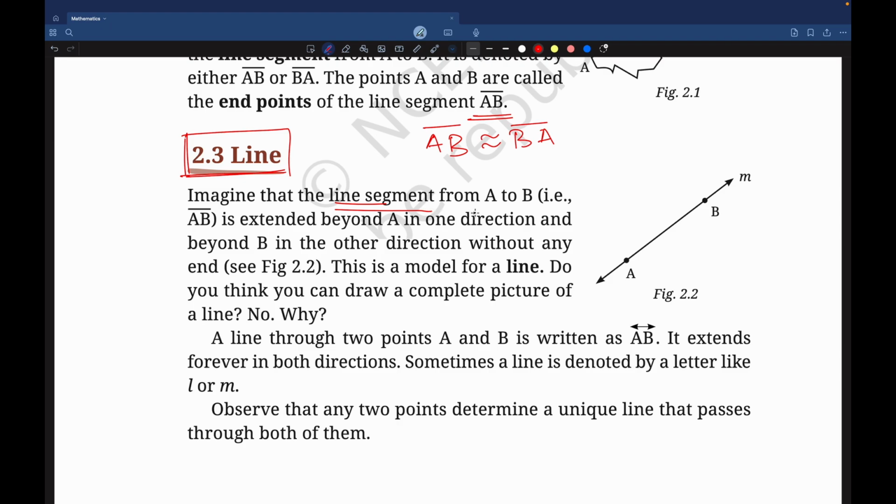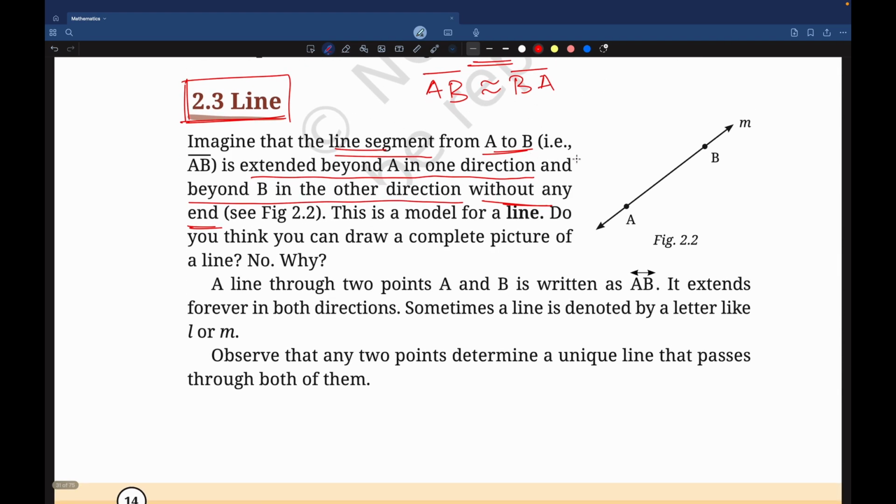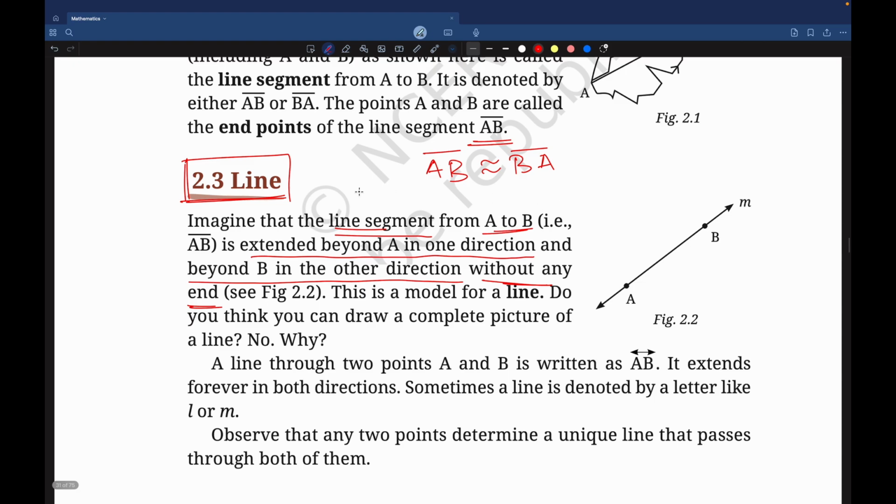It is a line segment A to B extended beyond A in one direction and beyond B in the other direction without any ends. Line is represented by AB and an arrow above it. We can also write AB as BA.